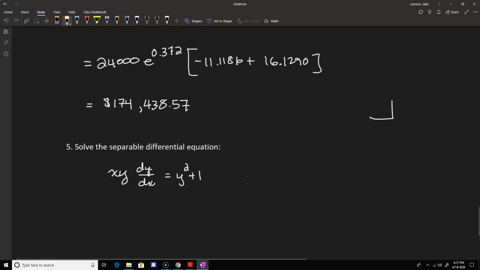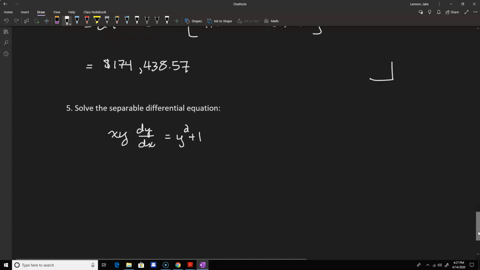So separating the variables basically means via multiplication and division, we can write this equation so that we only have x's on one side and y's on the other. So basically multiply by dx to start. So we have xy dy equals y squared plus 1 dx.